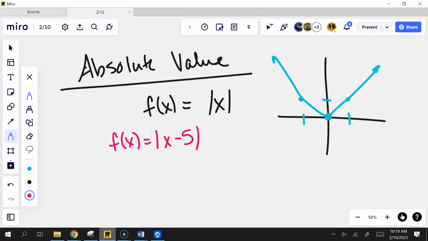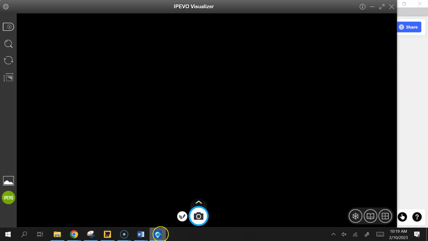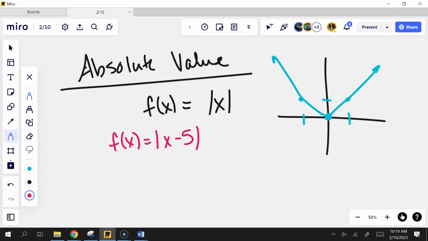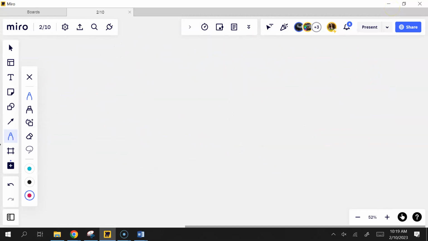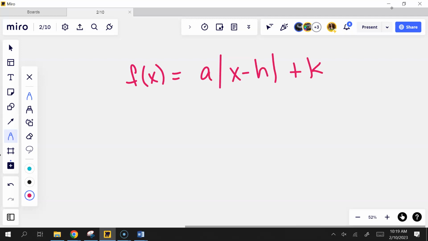So what is vertex form? Vertex form of an absolute value looks like this. Looks very similar to another vertex form we learned, right?